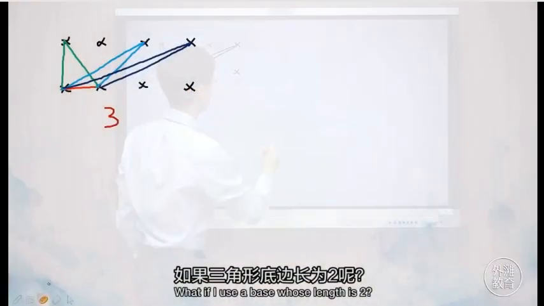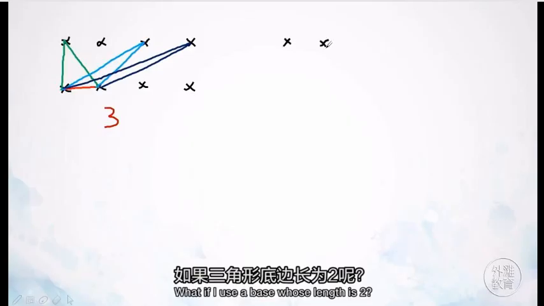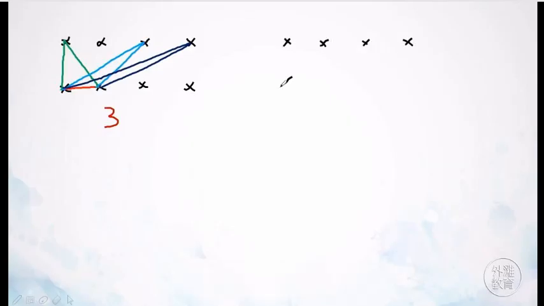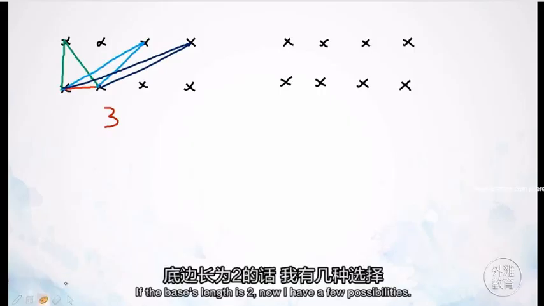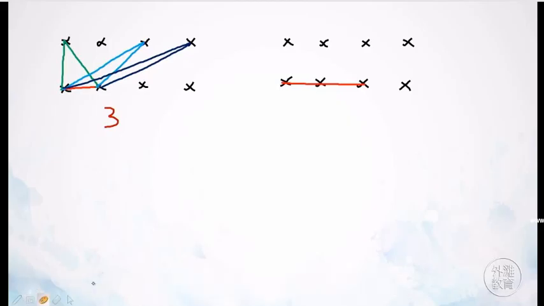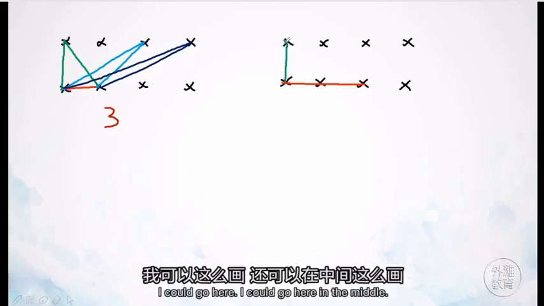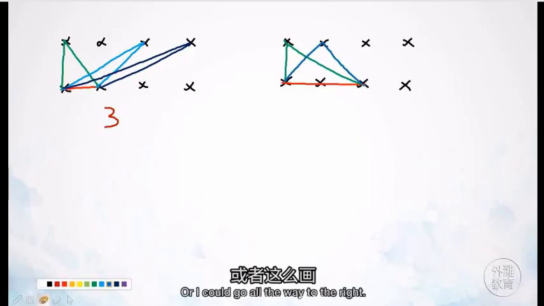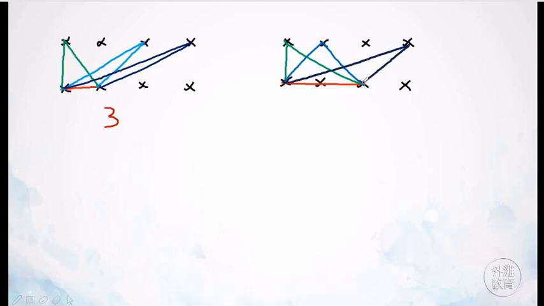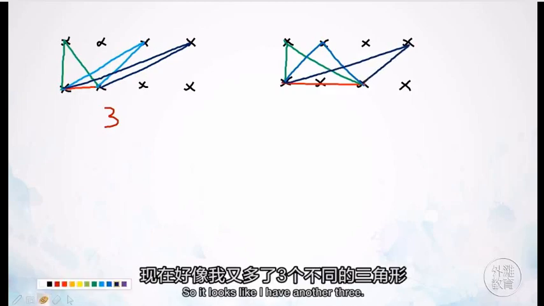What if I use a base whose length is 2? If the base's length is 2, now I have a few possibilities. I could go here. I could go here in the middle, or I could go all the way to the right. So it looks like I have another 3.